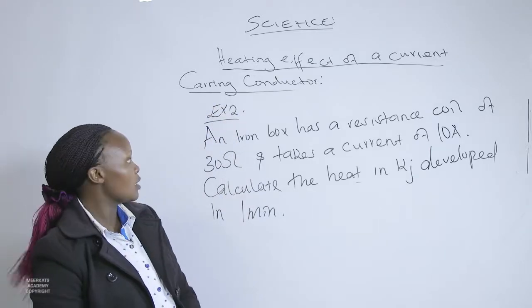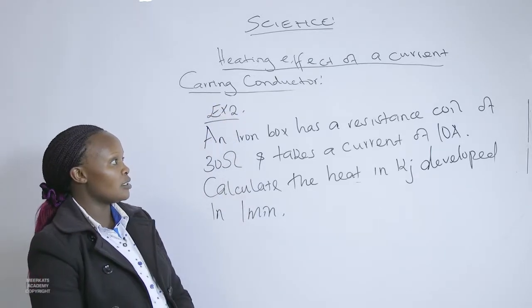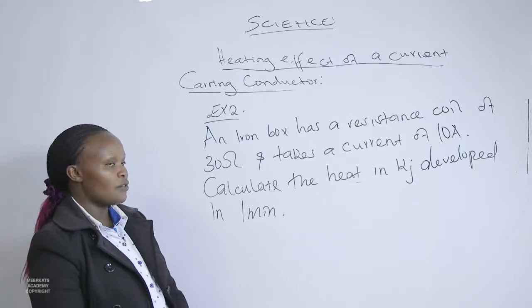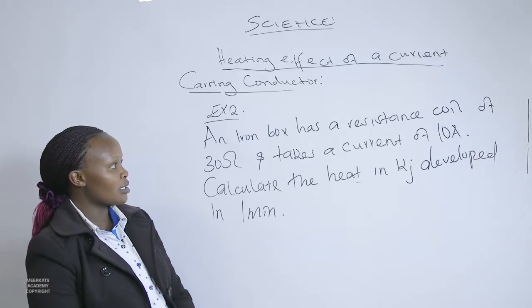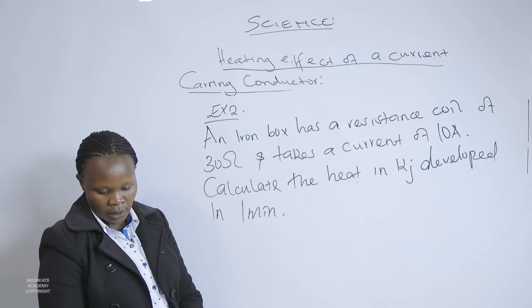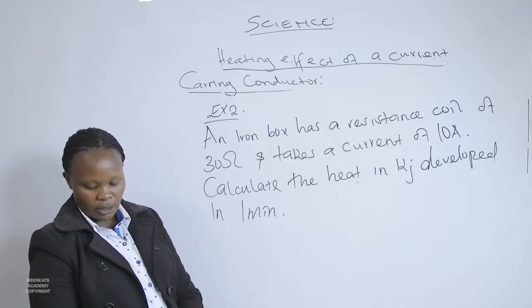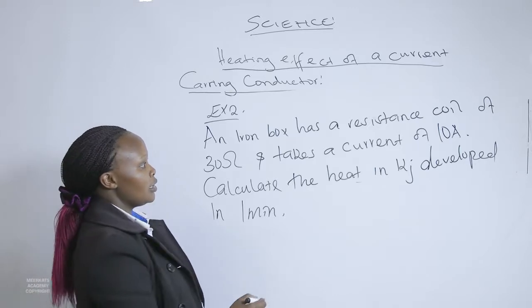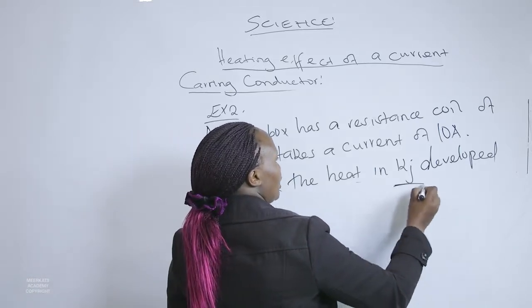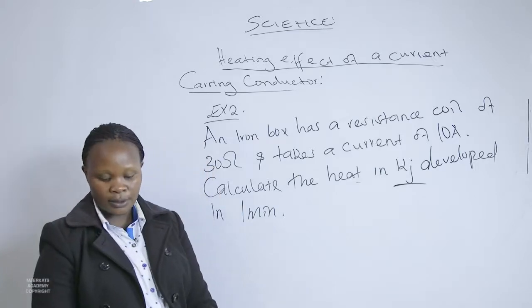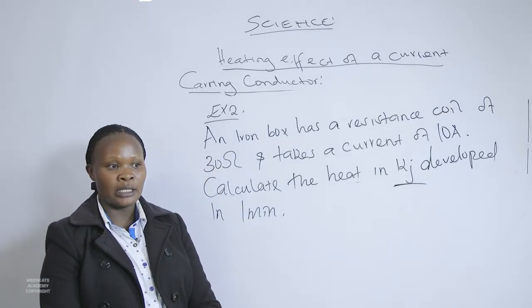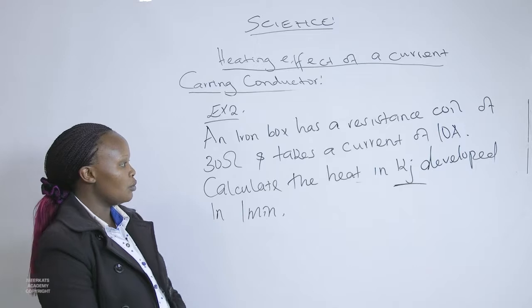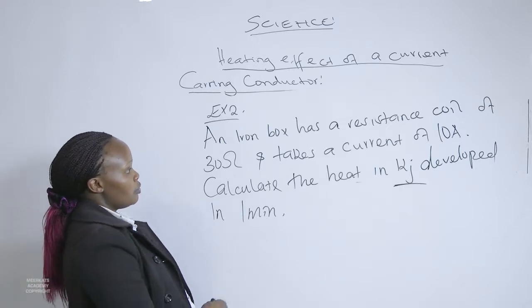The question reads that an iron box has a resistance coil of 30 ohms and takes a current of 10 amperes. We are required to calculate the heat developed in 1 minute, and the units should be kilojoules. Again, you ask yourself, what does the question provide?